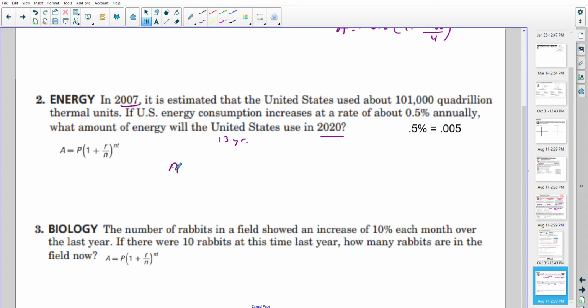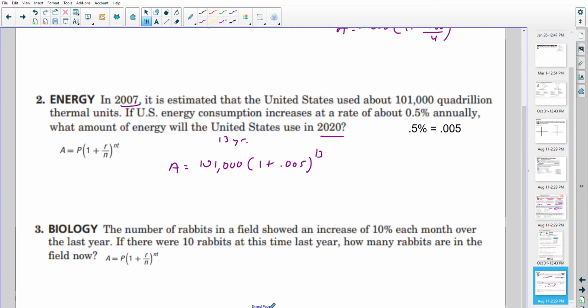Therefore, your ending amount is going to equal the beginning amount times 1 plus the rate. Now notice on this rate, moving 2 decimal places to the left gives you 0.005, so be really careful with those rates. And then it's just going to be to the time, which is 13 years. Straightforward problem involving an annual rate.